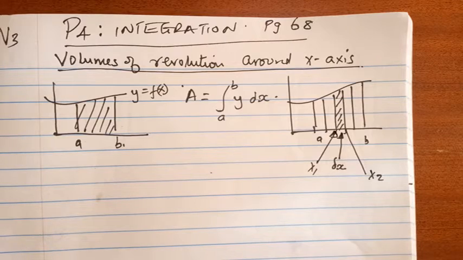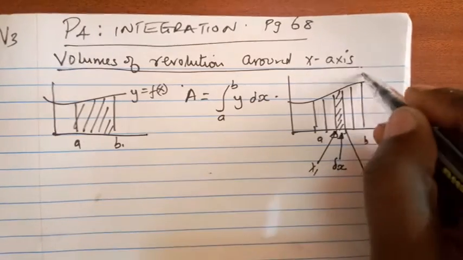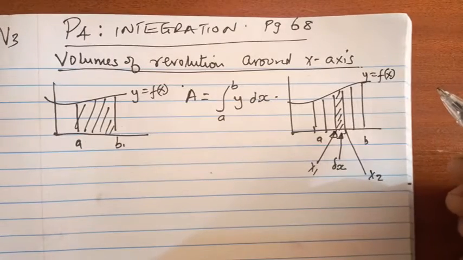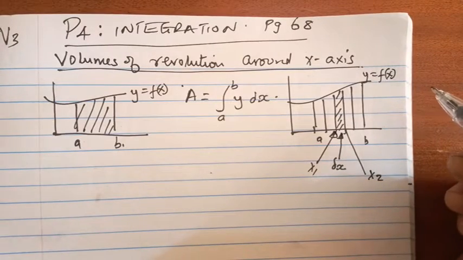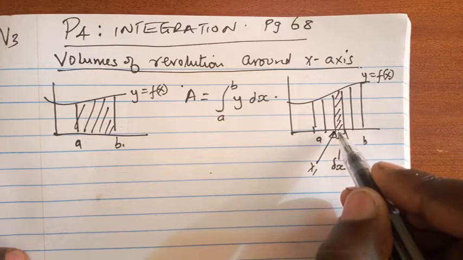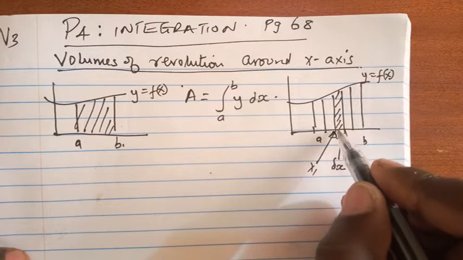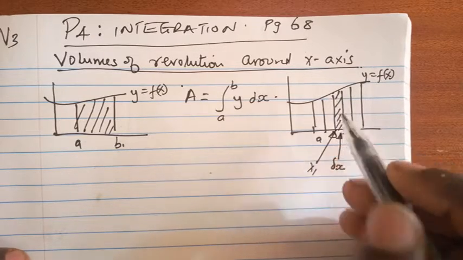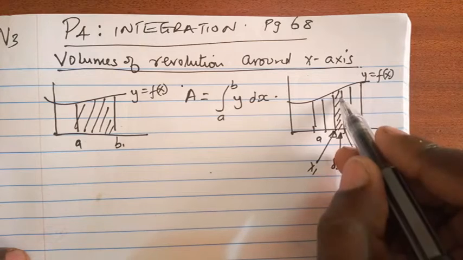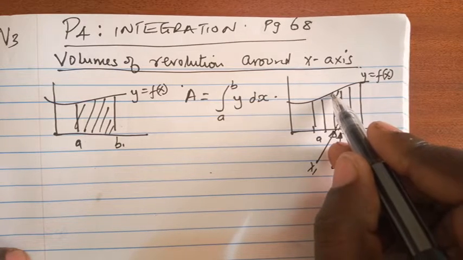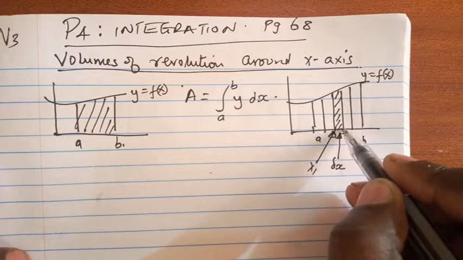Since y is equal to f(x) remains the equation of the curve, we may want to single out this shaded region and have its height as y. So the area of this shaded stripe is length times width.